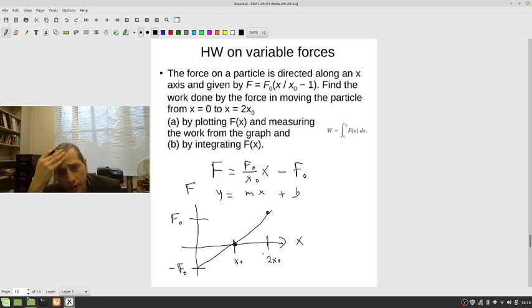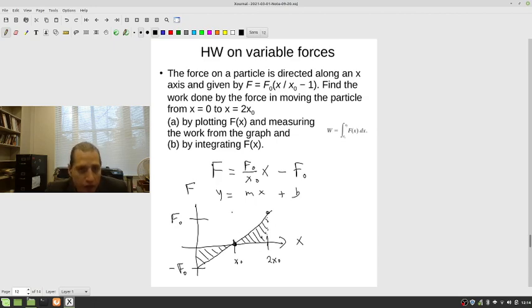Now, thinking about this physically, what does it mean? What it means is that I'm being pulled backwards until I reach the position x naught, and then I'm going to be pushed forward by this force until I reach 2x naught. However, if I'm looking at this as an integral of F dx, what I would be looking at is this area plus this area.